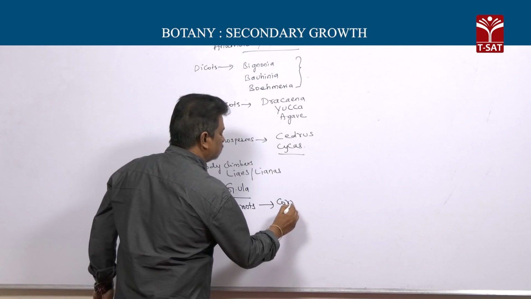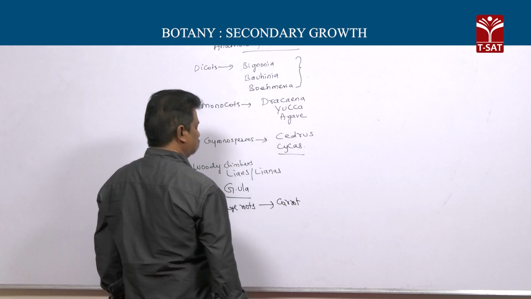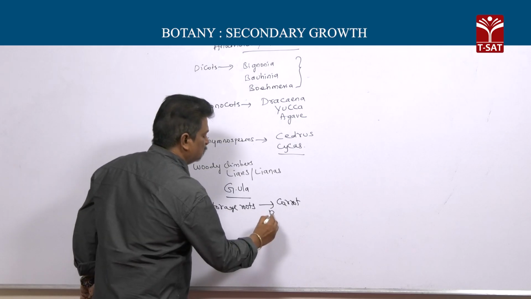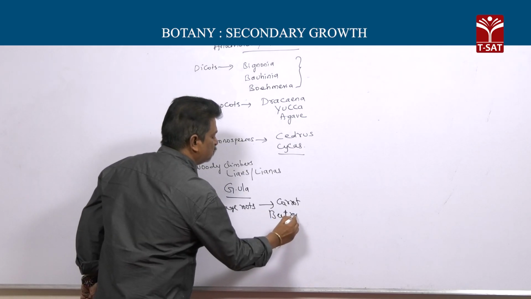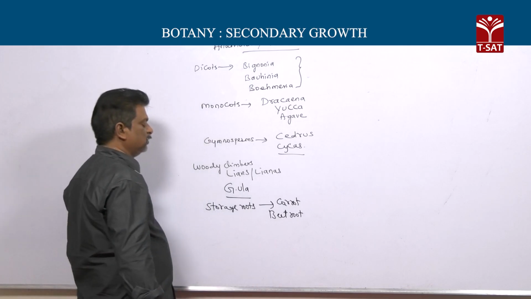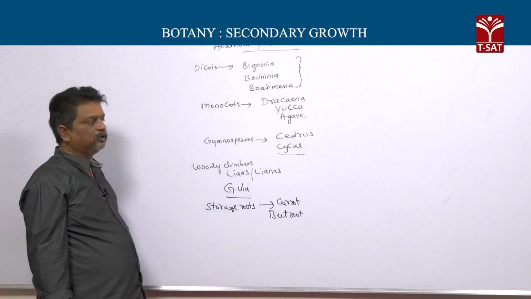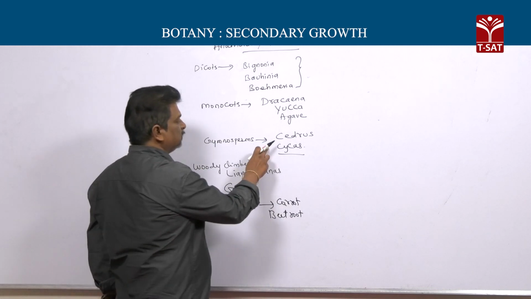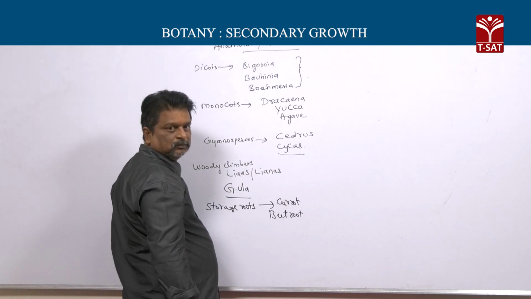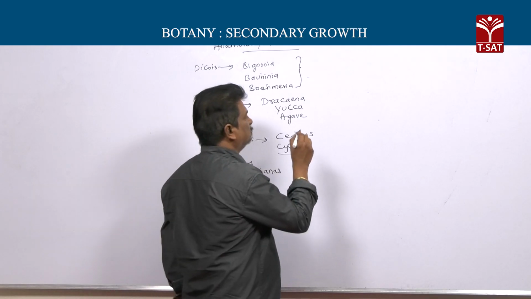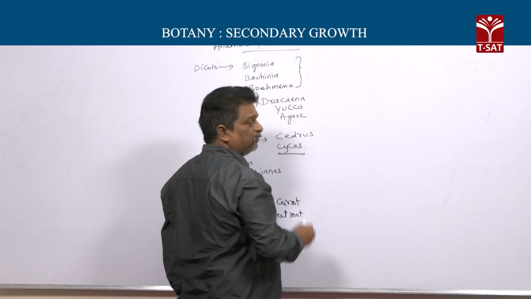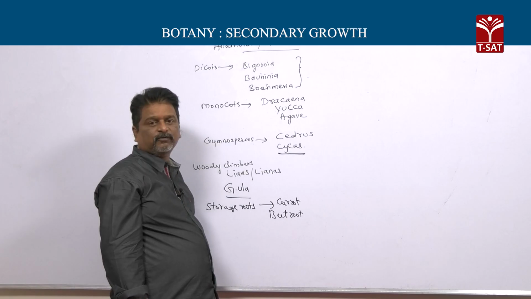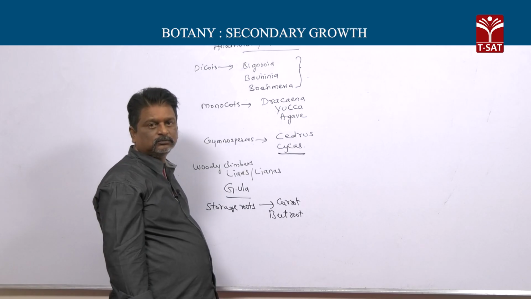For this, carrot and also beetroot show anomalous secondary growth. Simple description: in a Cycas stem, many rings of vascular cambium are formed.